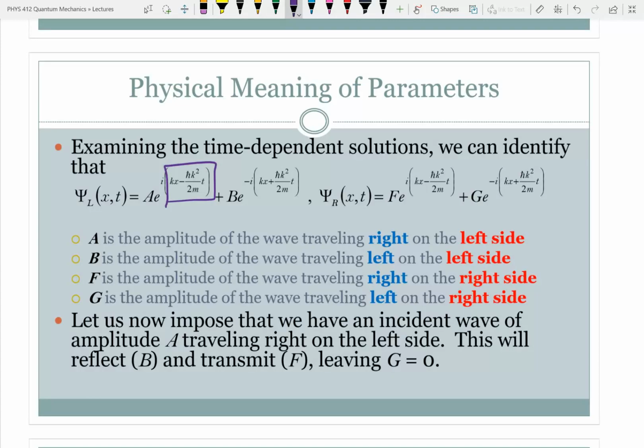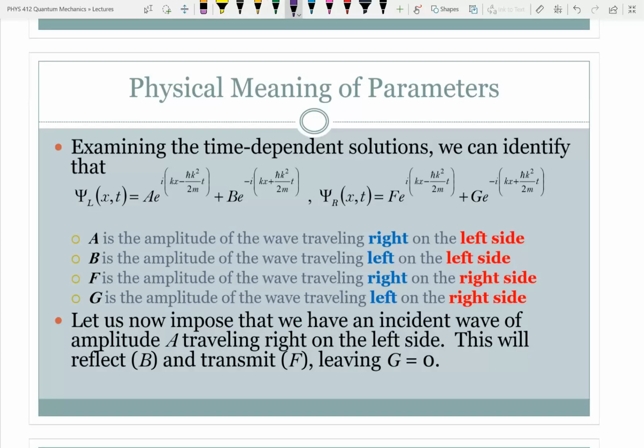I'm going to have to go back and give him credit on that quiz question because he's totally got it. That's right, so it's going to the right. This one here, same sign, going to the left. So we have one to the left, one to the right on the left-hand side. Likewise, one to the left, one to the right on the right-hand side.